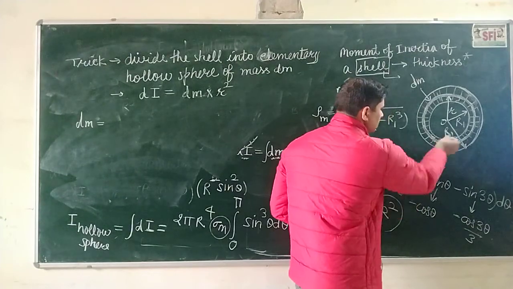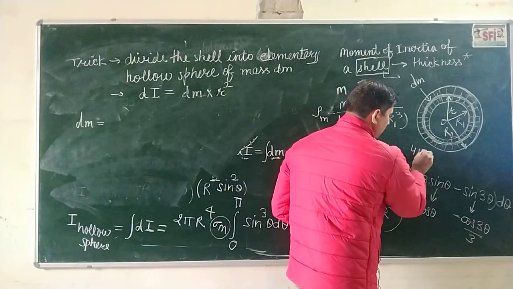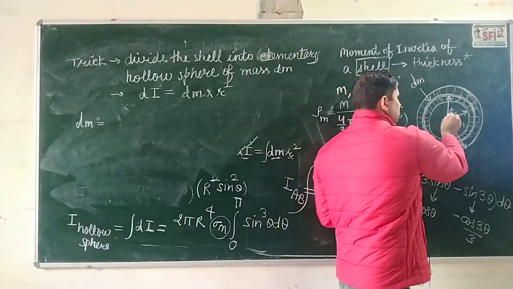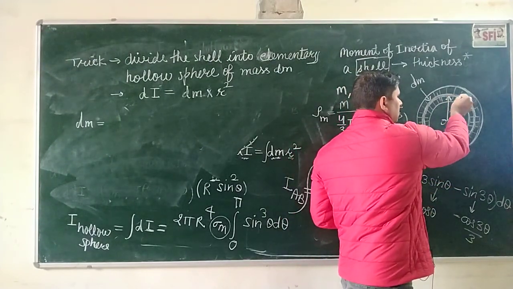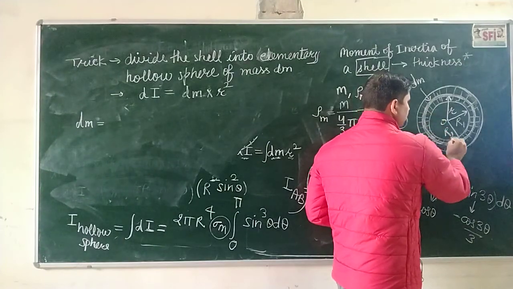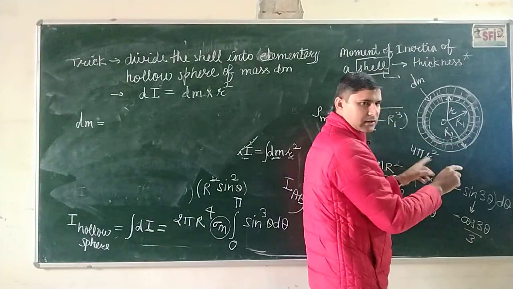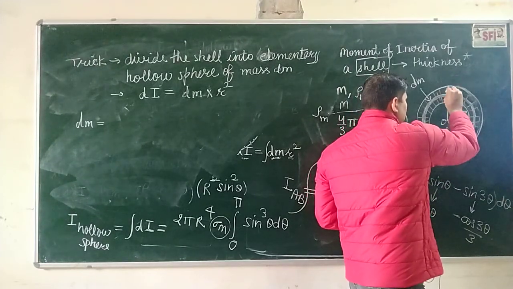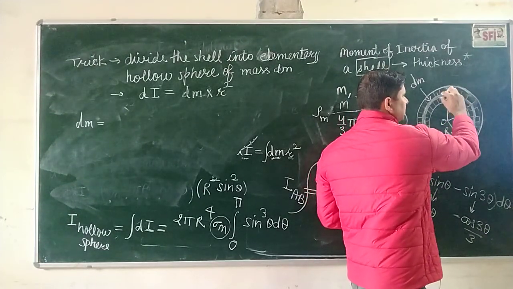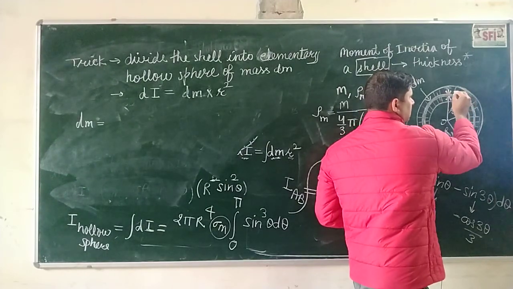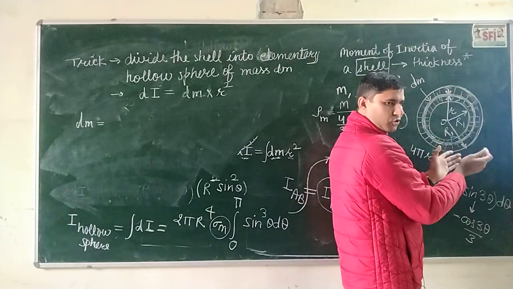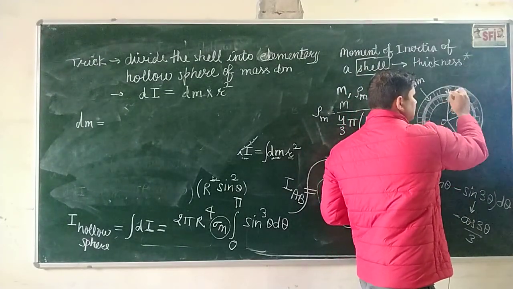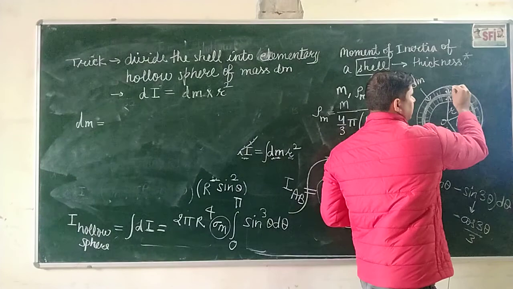You see, this is the radius of this hollow sphere, so the curved surface area will be 4 pi r square, and if you multiply it by the thickness of this elementary hollow sphere, then you will get the volume of this elementary hollow sphere. Let this thickness be dr.